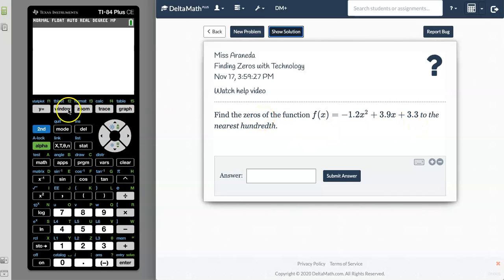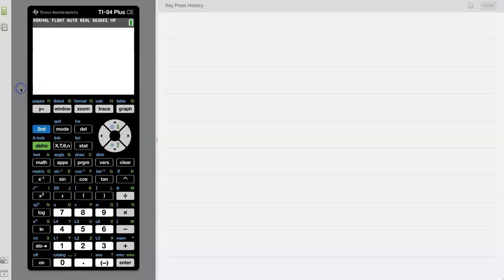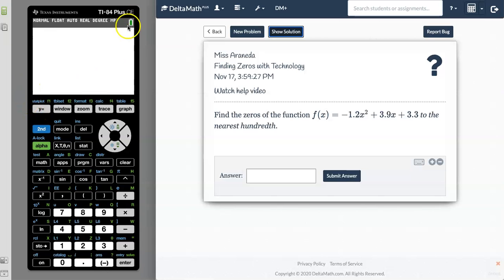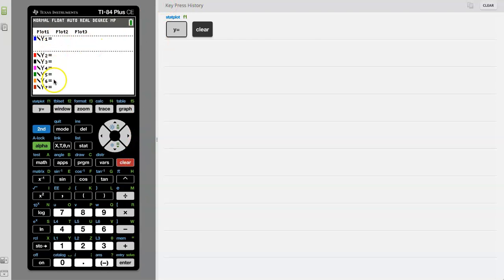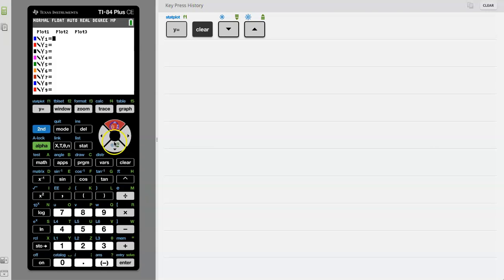So the first thing that we want to do is over here on the left side, make sure you're following on the calculator. Make sure that you have your y equals. You're going to click y equals. This is going to keep jumping back and forth, so I apologize for that. But I'm going to go ahead and clear what I have there. Make sure there's nothing in any of your y's. So if there is, go ahead and just use your cursor, go up and down, and just press clear, and that will clear whatever equation you have there.